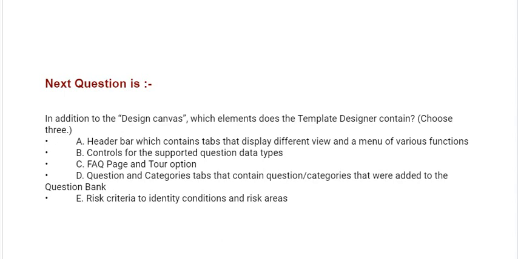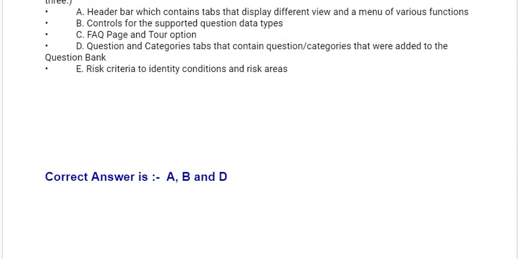Option C. FAQ page and tour option. Option D. Question and categories tabs that contain question categories that were added to the question bank. Option E. Risk criteria to identity, conditions, and risk areas. Correct answer is option A, B, and option D.